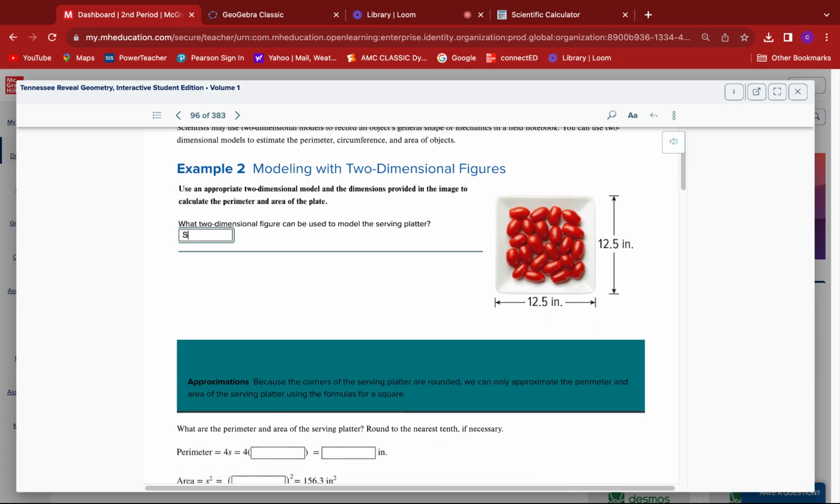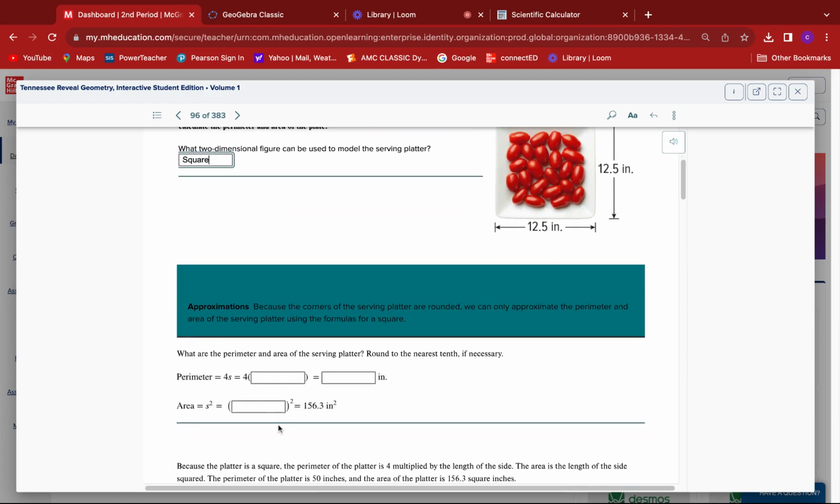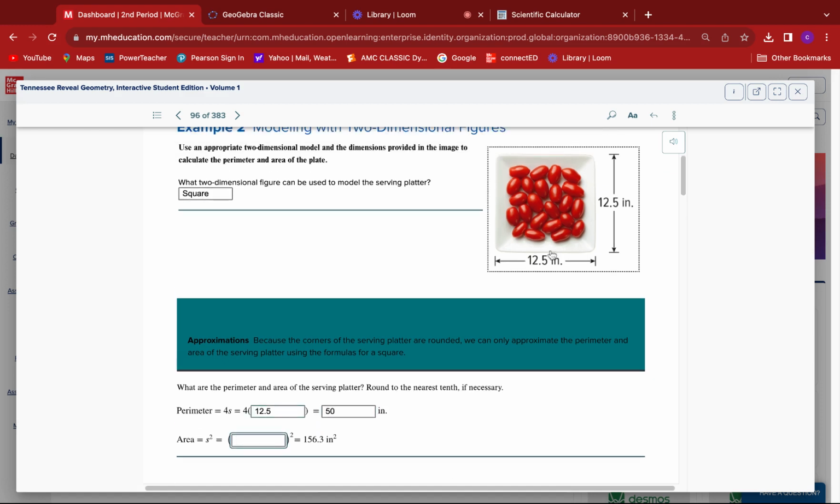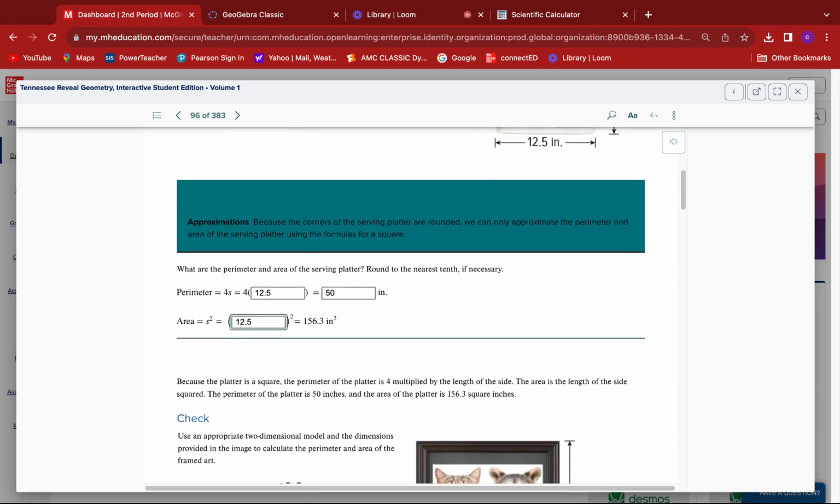For area, you're going to multiply 12.5 times 12.5 because your base and height are the exact same. It looks like they want 12.5 squared here. It's the same thing. You're going to end up with 156.3.